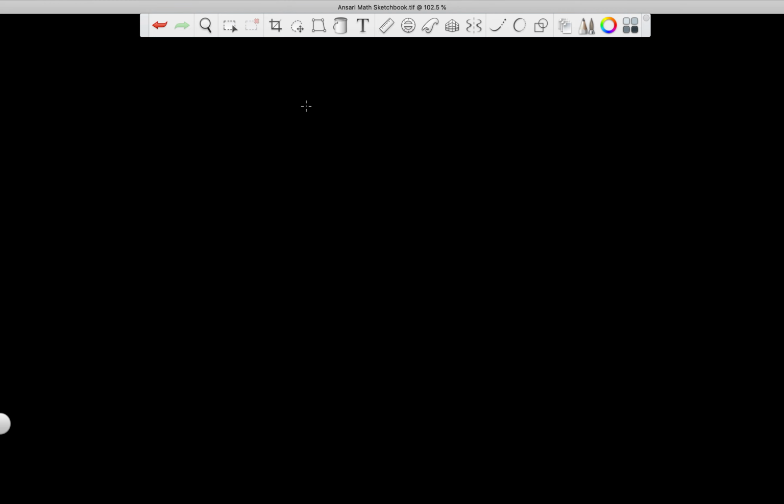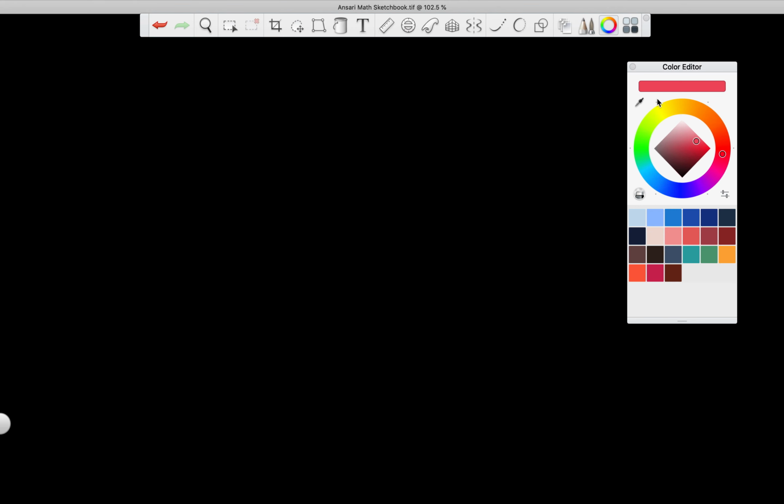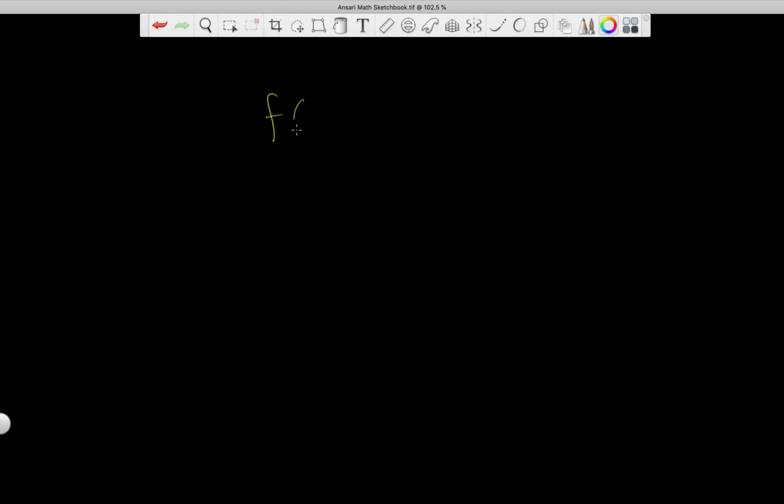And an example of that is, let's say we have some sort of function that gives us revenue depending on how much we produce. Sorry, I'll call this R of x, for revenue, depending on how much we produce.